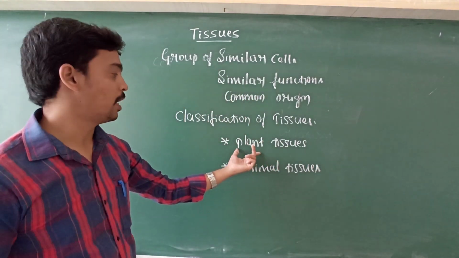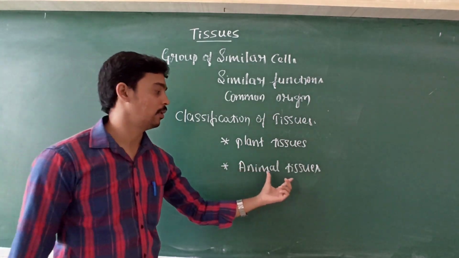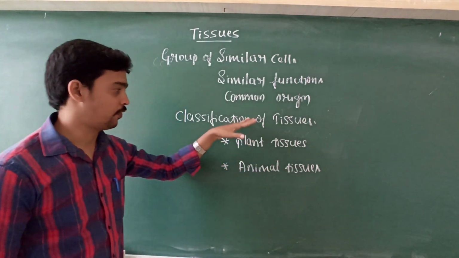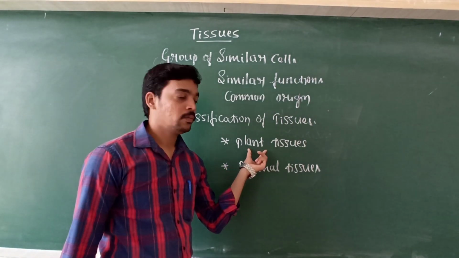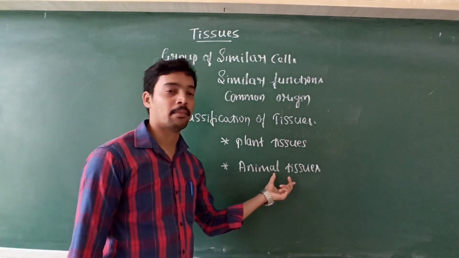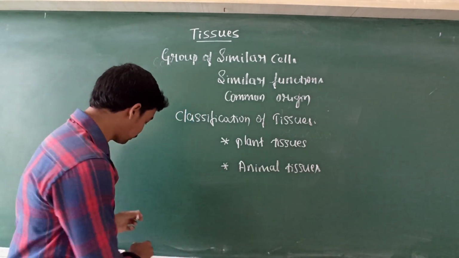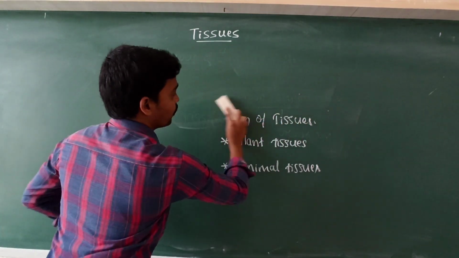Tissues which are present in a plant body are called plant tissues, and the tissues which are present in an animal body are called animal tissues. Again, in plant tissue, how are you going to classify the plant tissue, and then animal tissue? Next, the topic is the plant tissue.